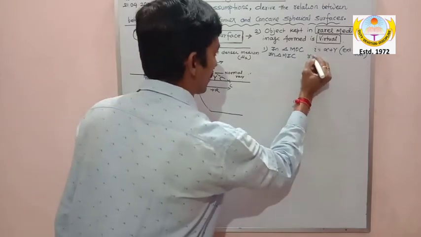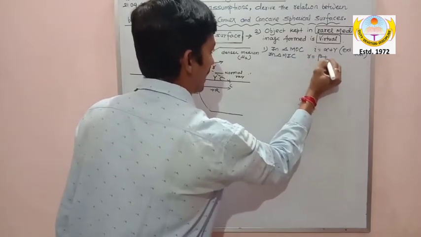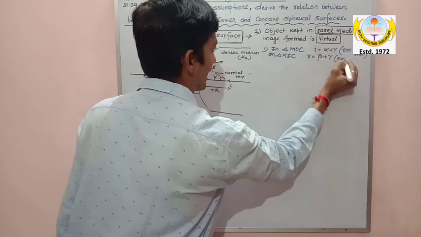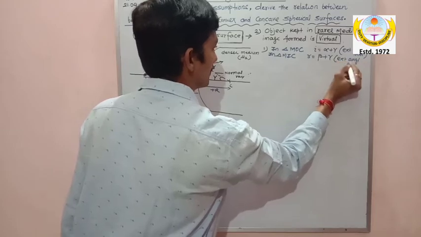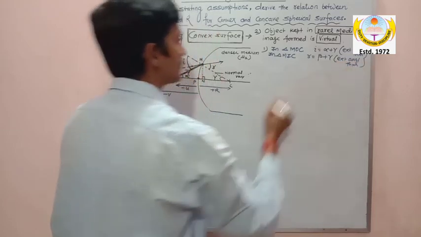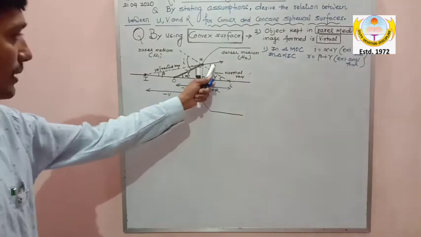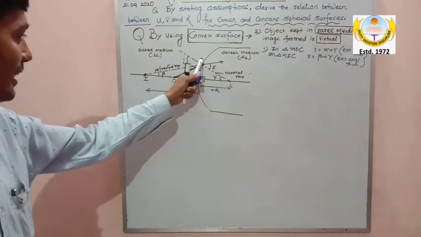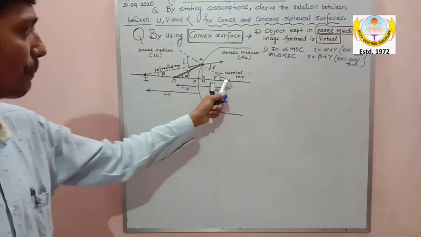So R is equal to beta plus gamma, the exterior angle theorem again, with triangle MIC.